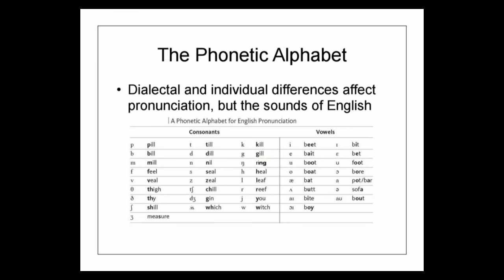Dialectal and individual differences affect pronunciation, but the sounds of English remain. Take for example consonant sounds of the phonetic alphabet for English pronunciation: bill, mill, feel, wheel, tie, die, chill, measure, till, dill, nil, seal, zeal, gin, witch, kill, Jill, ring, heel, leave, reeve, you.